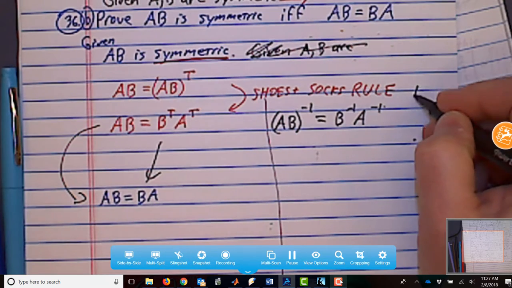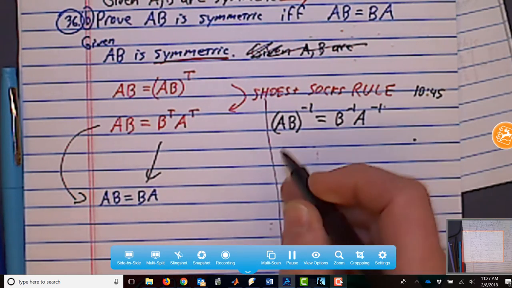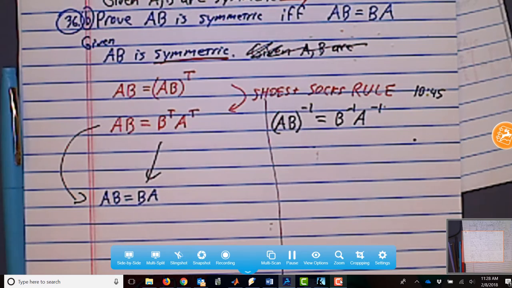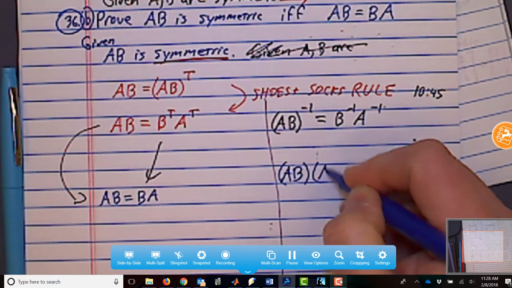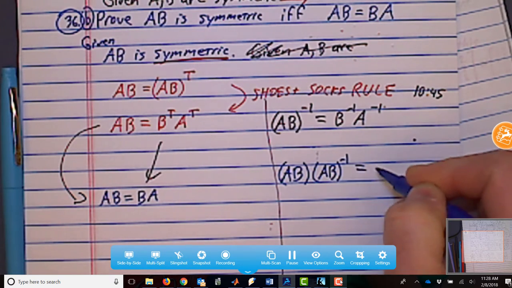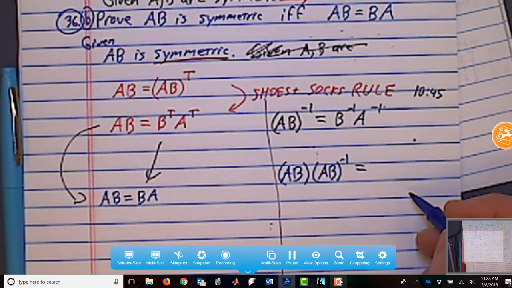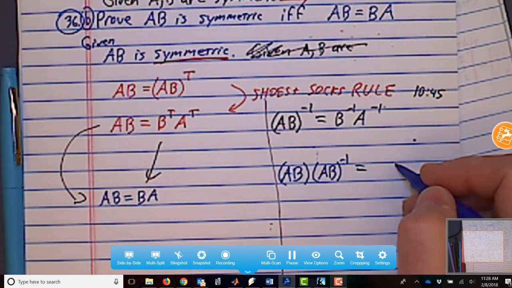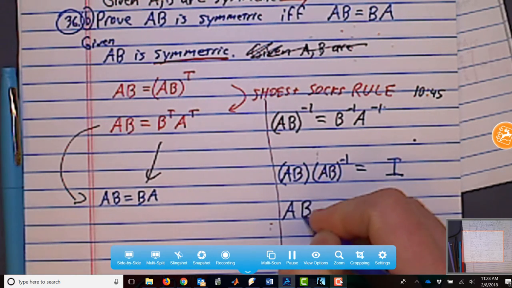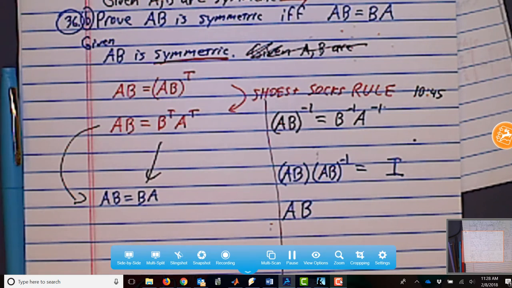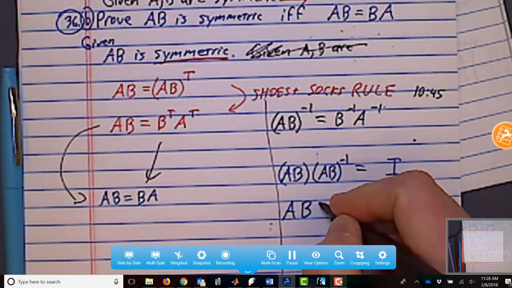So, how do you show that this is true? Well, when I say AB inverse, what does that mean? It means, hey guys, here's AB, multiply it by AB inverse, and what's it supposed to equal? It's supposed to equal the identity, right? But to see why the shoes and socks rule is true, think about it without parentheses. If you have A and then B, and you're trying to get the identity, you want to write it this way.